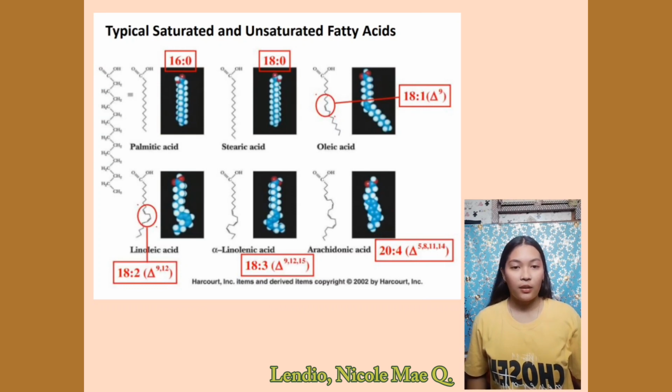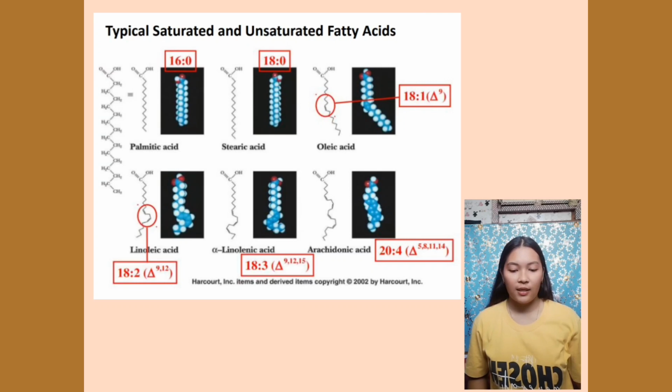I am Nicole Meculandio and I'm going to explain the typical saturated and unsaturated fatty acids. In the picture, they are arranged in two rows with 3 saturated fatty acids on top and 3 unsaturated fatty acids on the bottom. The fatty acids are labeled according to their number of carbon atoms and the number and locations of double bonds they contain.